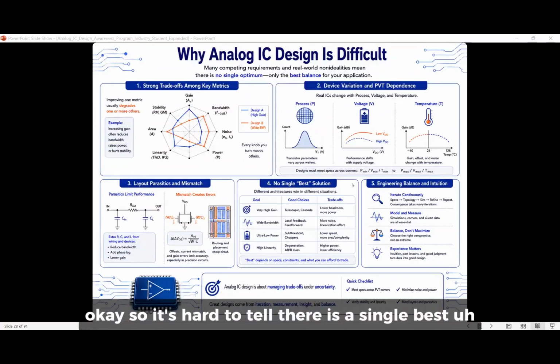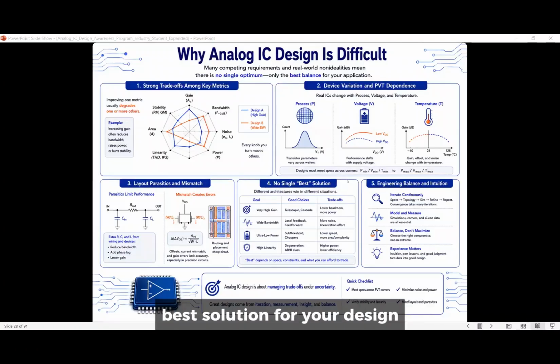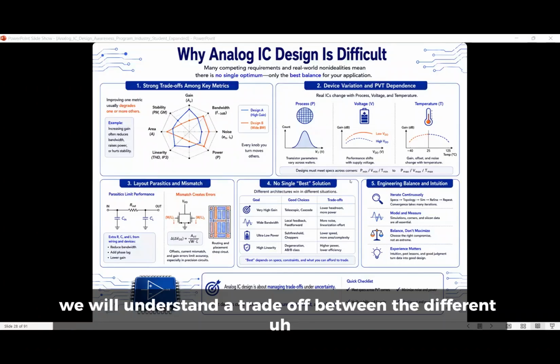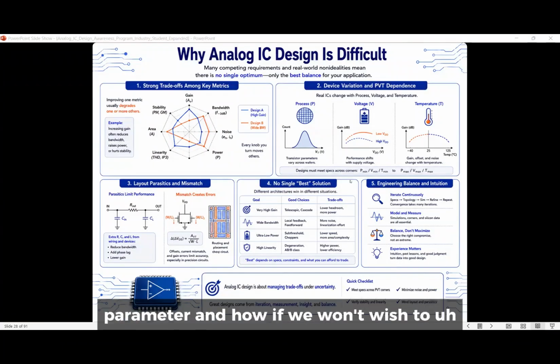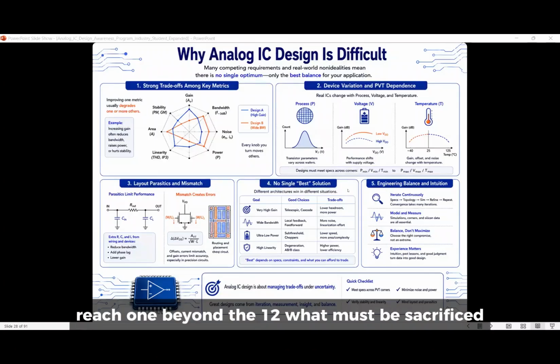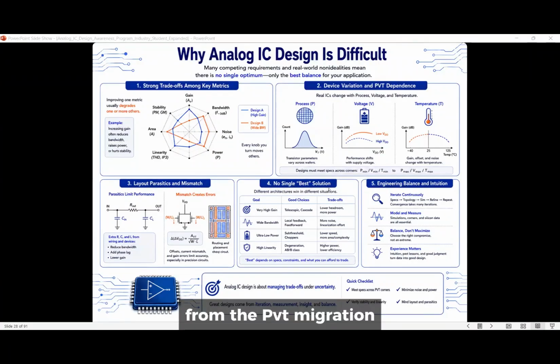So it's hard to say there is a single best solution for your design. From this training, we will understand the trade-off between the different parameters, and if we wish to go beyond the trade-off, what must be sacrificed and what must be done to protect your chip from the PVT variation.